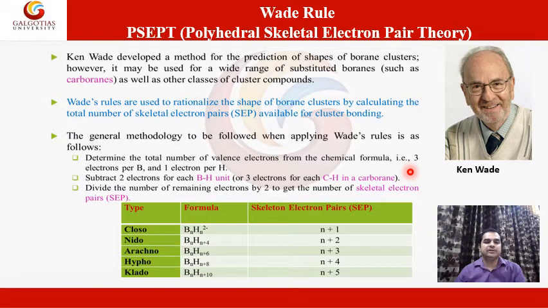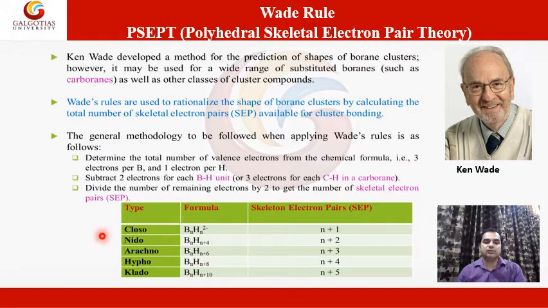Second, subtract 2 electrons for each BH unit, or 3 electrons in case of CH if we are having a carborane cluster. Then divide the number of remaining electrons by 2 to get the total number of electron pairs, that is SEP, skeletal electron pairs. After that we can see what type of shape is possible on the basis of the available number of SEP for that cluster.